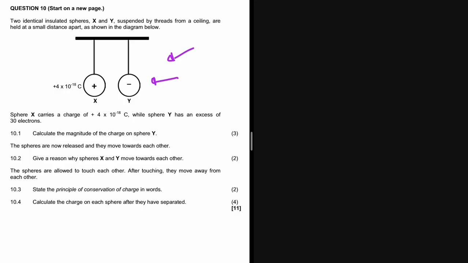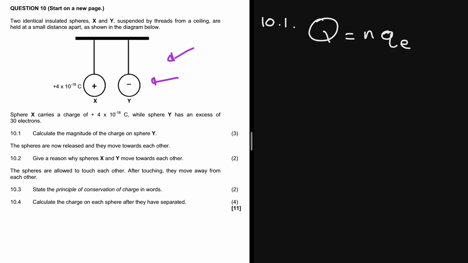Okay, so the first question, which is 10.1, says calculate the magnitude of the charge on sphere Y. If you have the number of electrons, you will be able to determine the charge. So you are going to use the following equation: the charge is equal to the number of electrons multiplied by the charge of one electron.